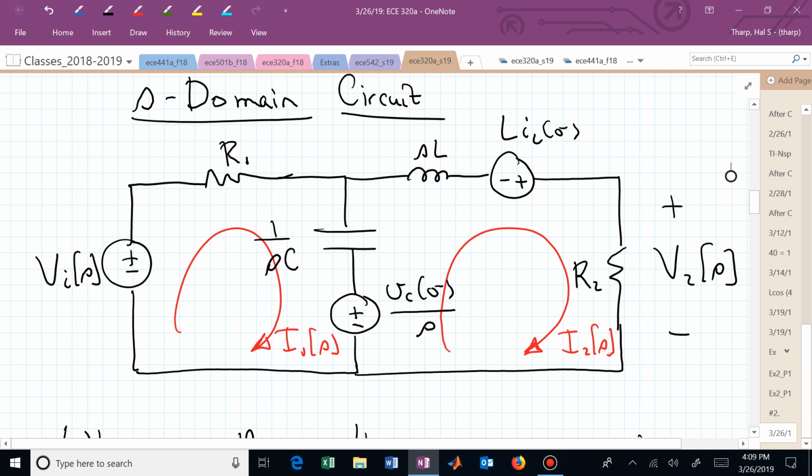If we have a matrix times I's, then that matrix is actually impedances, so we would expect the right-hand side to consist of voltages. On the right-hand side, we will figure out how to put these voltage sources, the sources that force these currents to flow in mesh 1 and mesh 2.